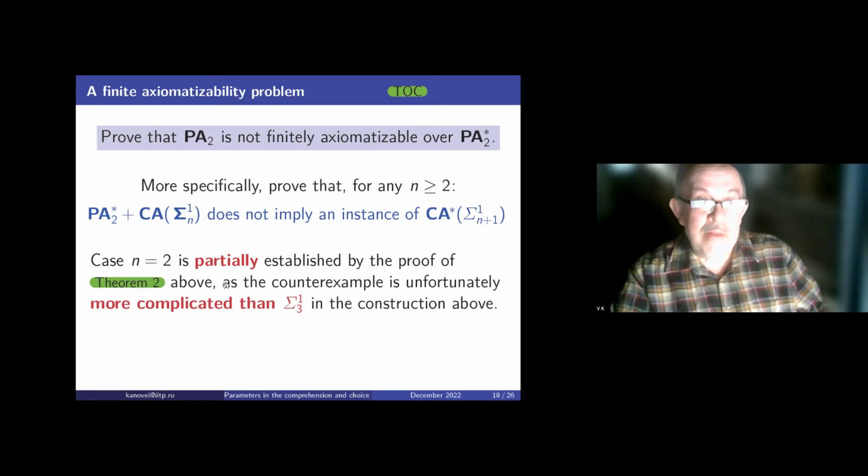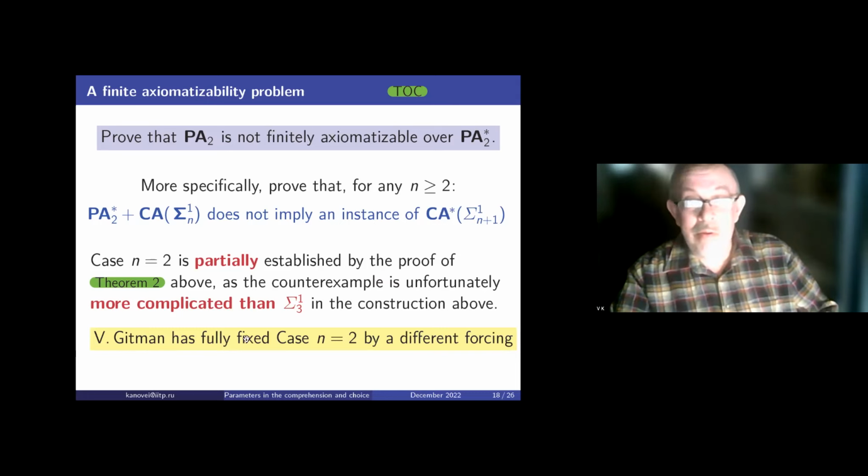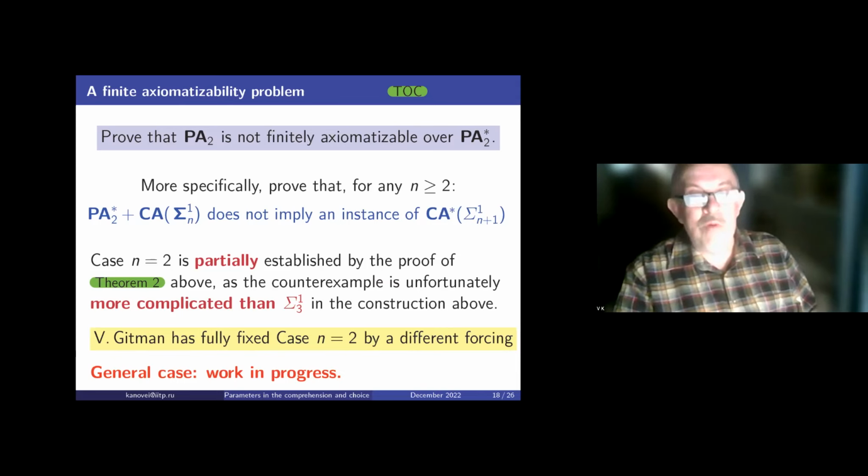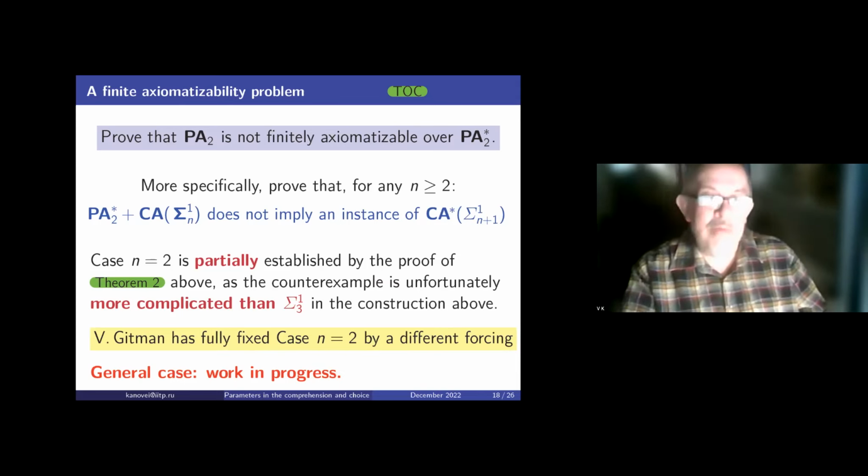Well, quite recently, Vika fully fixed this case, getting a sigma 1 3 counterexample, but using a different, more complicated technique. And the general case still remains work in progress. Hopefully, it will converge in a proof which works for every n.